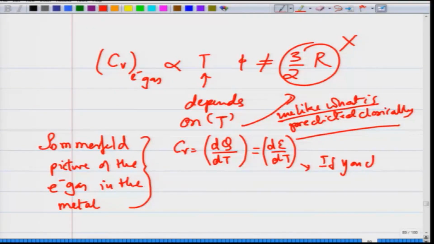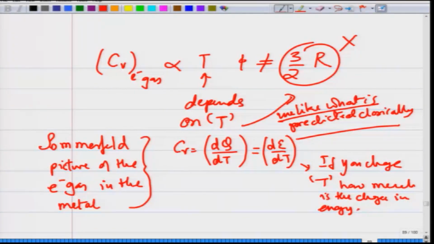If you change the temperature, how much is the change in energy of particles in the system.